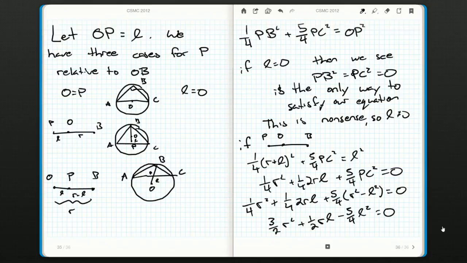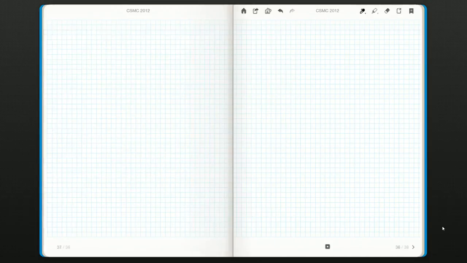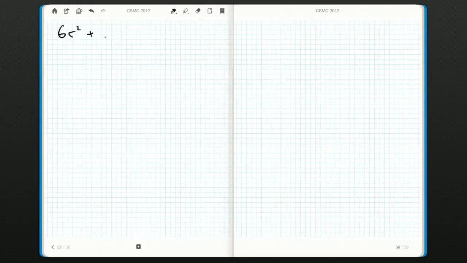Then we have 6r squared plus 2rl minus 5l squared. This doesn't easily factor or anything like that.